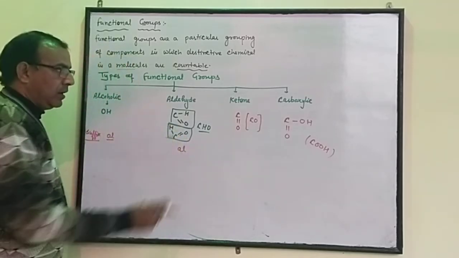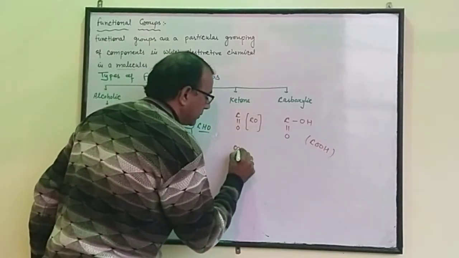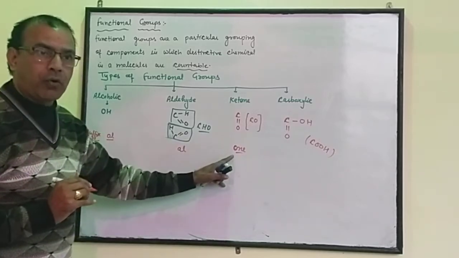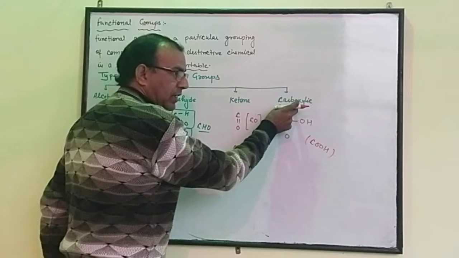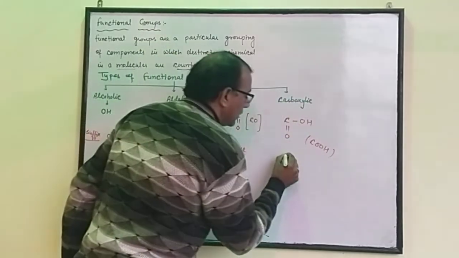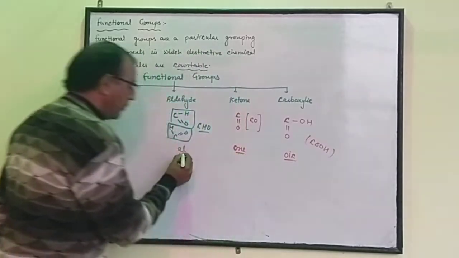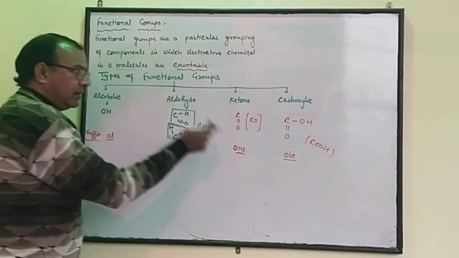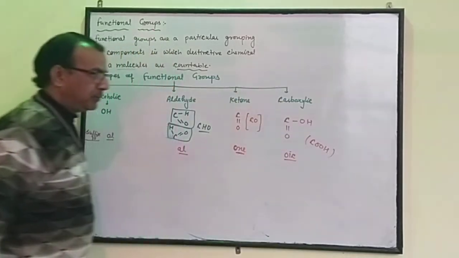And if it is ketone, then the suffix is one. Same for carboxylic, its suffix is oic. So the suffix for alcohol is ol, aldehyde al, ketone one, and carboxylic oic.